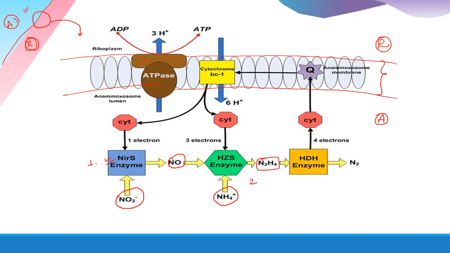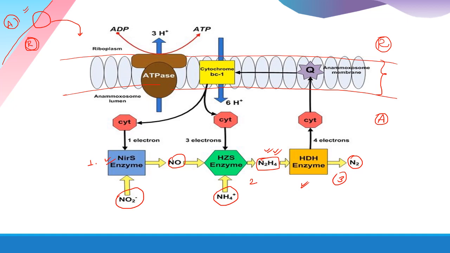to form hydrazine in the second step. The involved enzyme is hydrazine synthase, which forms the hydrazine. In the third step of the reaction, which is the final step, this hydrazine is converted into dinitrogen gas with the help of the enzyme hydrazine oxidoreductase.